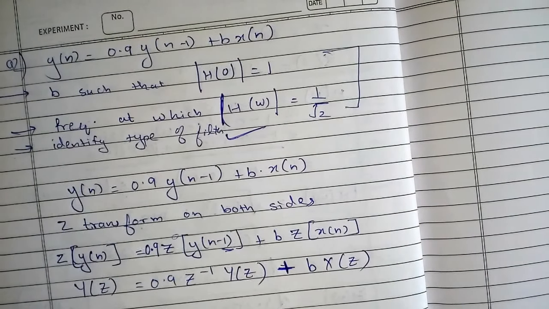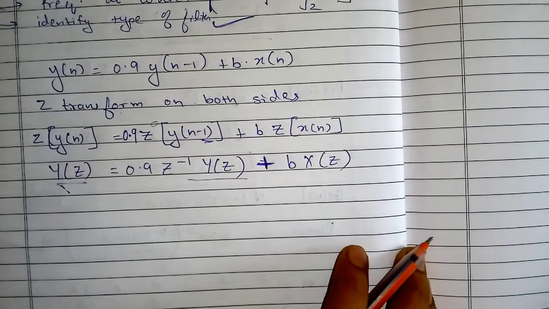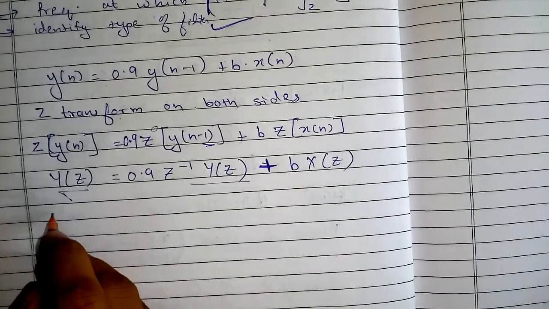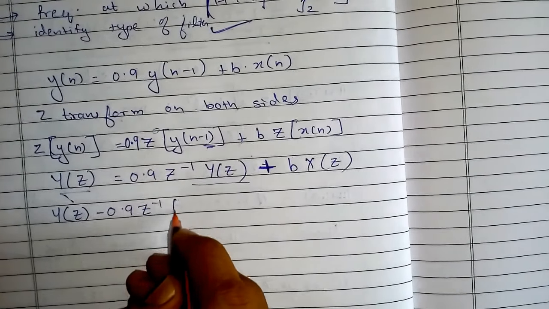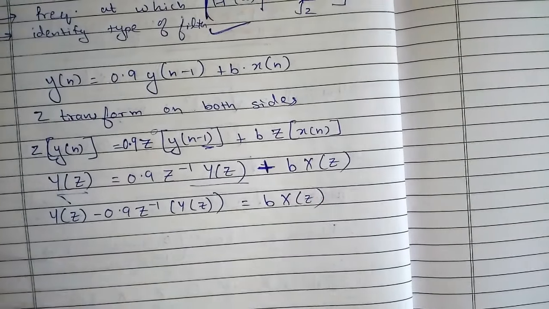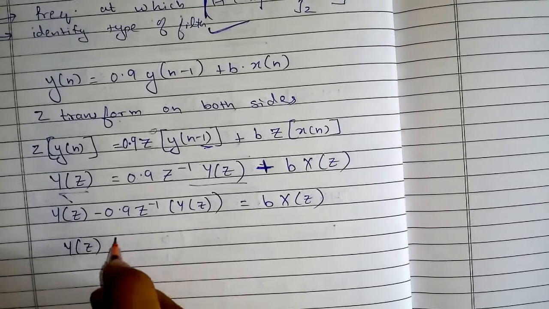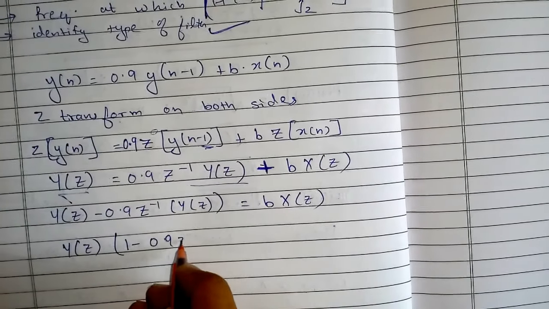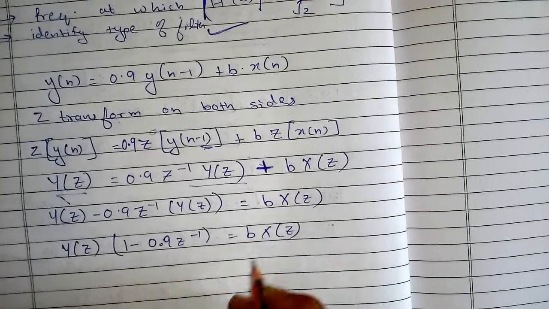Now this is Y of z, this is Y of z, I can take both of them on one side. I will have Y of z minus 0.9 z inverse Y of z equal to b into X of z. I can just take Y of z common. I will have 1 minus 0.9 z inverse equals b X of z.